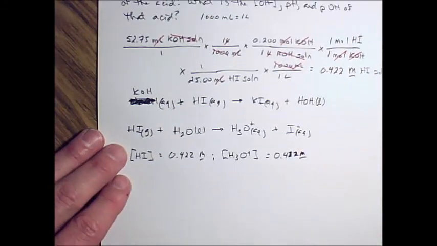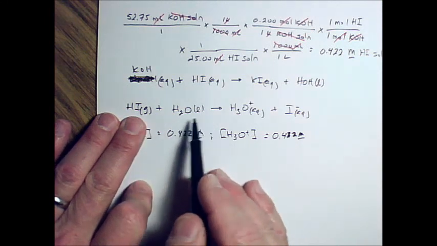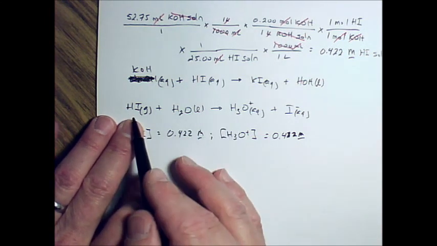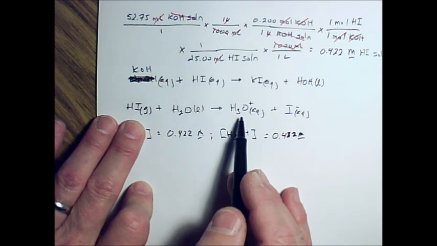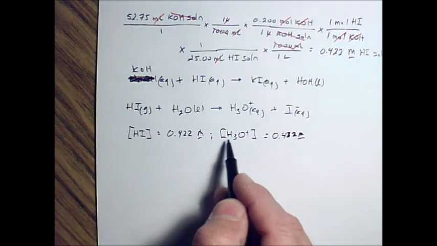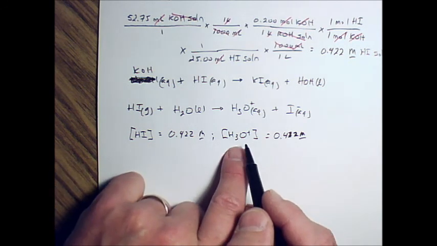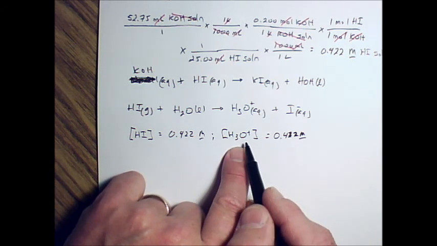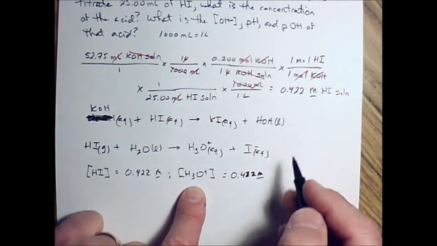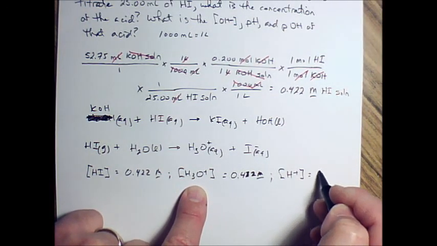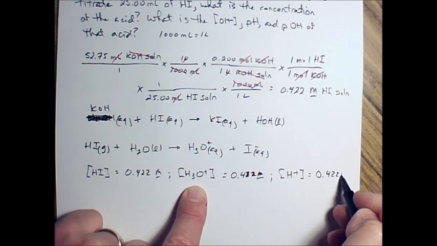In the Bronsted-Lowry system, you give away the hydrogen to water to make hydronium. Every one of these, you make one of those. So in both systems, it's 0.422 molar.